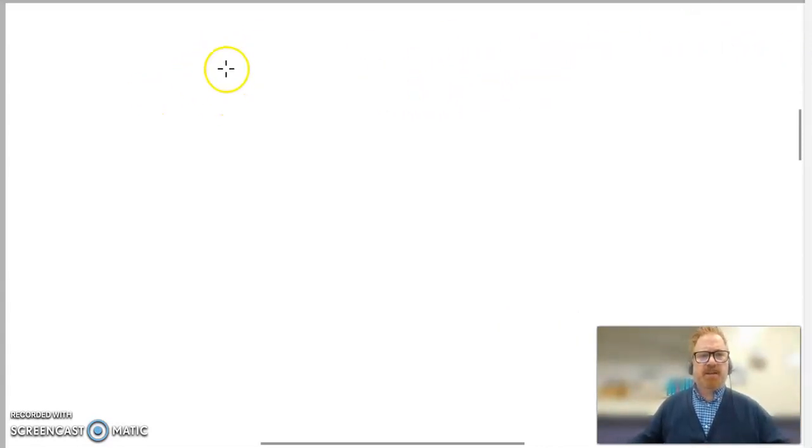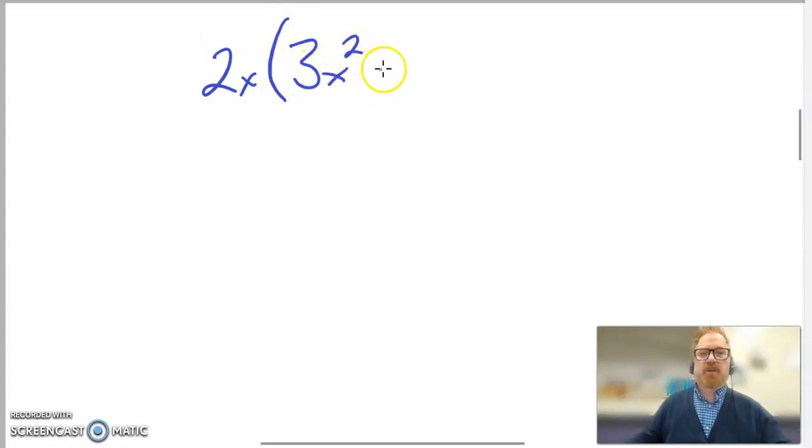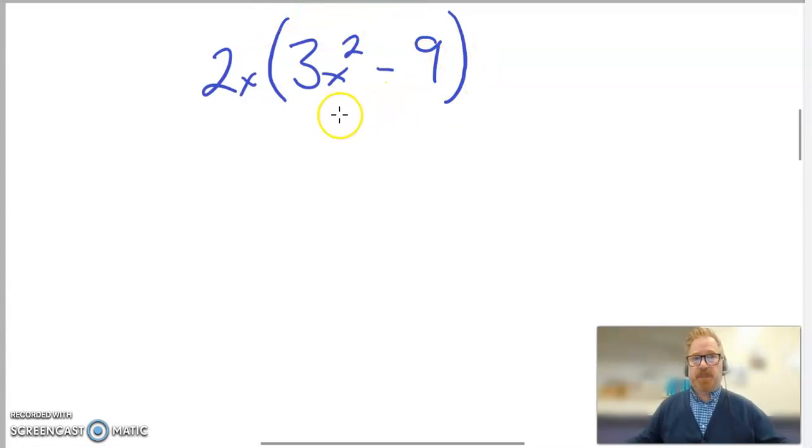So let's look back at something that we did maybe 2 weeks ago, where we did 2x times 3x squared minus 9. Okay, where we simplified this sort of an expression. And this, because this is just a monomial times a binomial, we just use the distributive method, right?